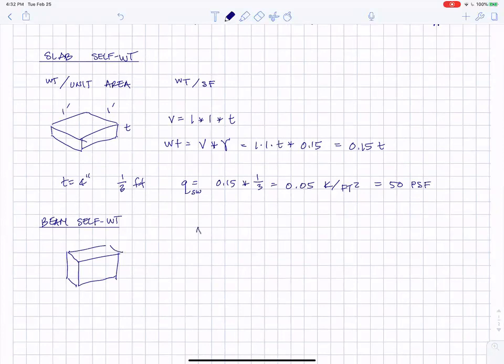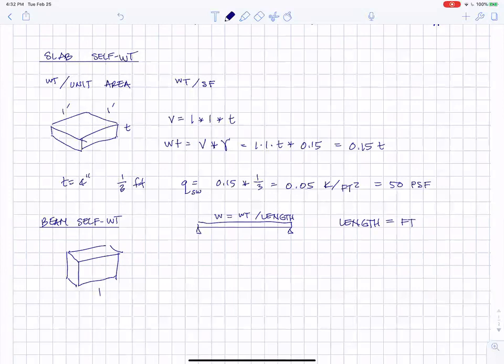In a beam, this W, we want it in weight per length. And typically the length unit we use in the US is feet.